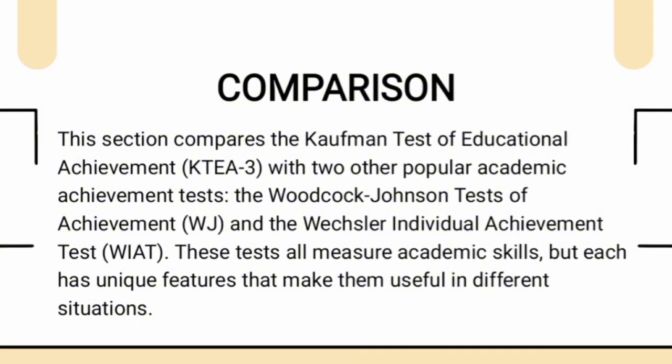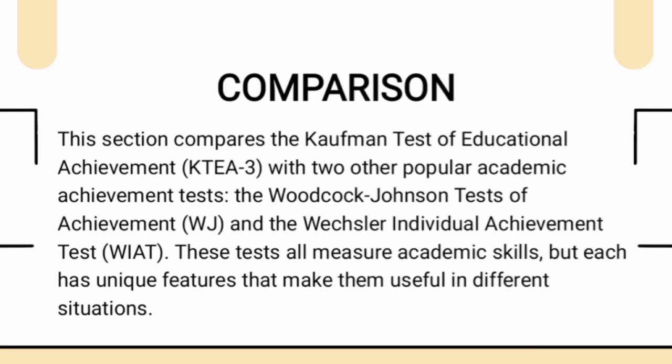So the summary of the comparison: the Kaufman Test of Educational Achievement measures core academic skills like reading, math, writing, and oral language, while Woodcock-Johnson provides a broad assessment of academic achievement and cognitive abilities. The Wechsler Individual Achievement Test is a detailed academic assessment used with IQ tests to identify learning differences.